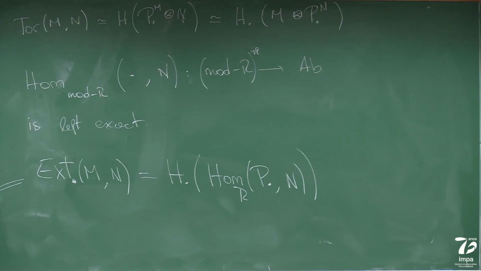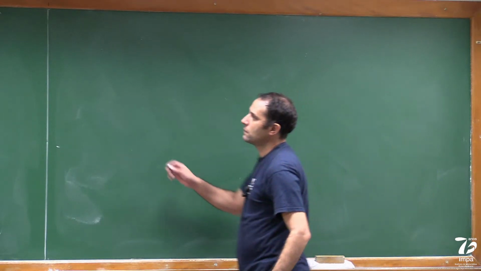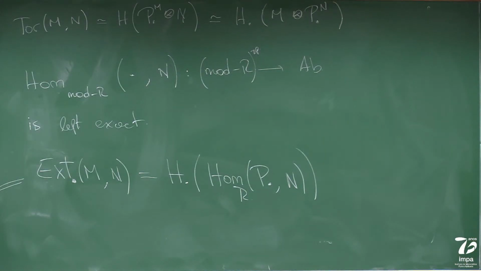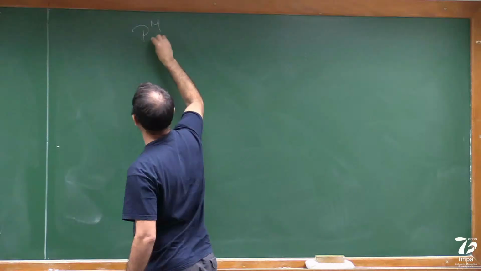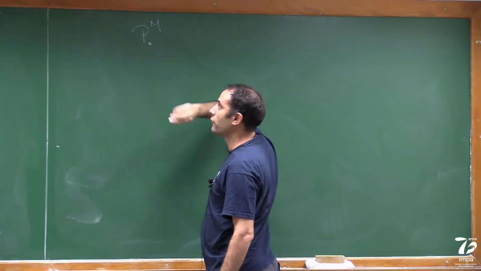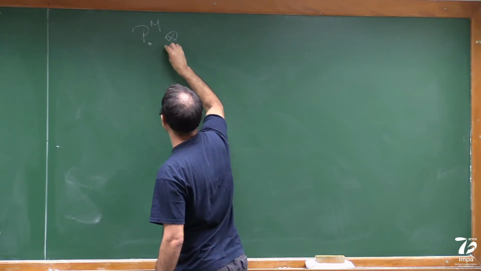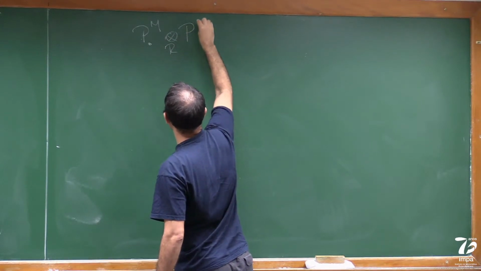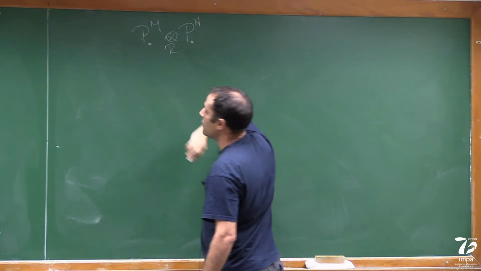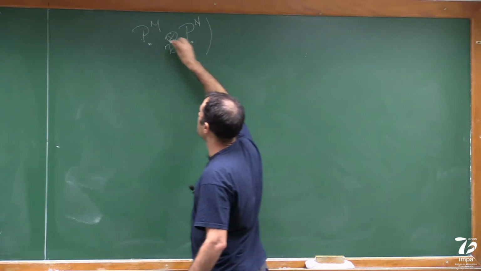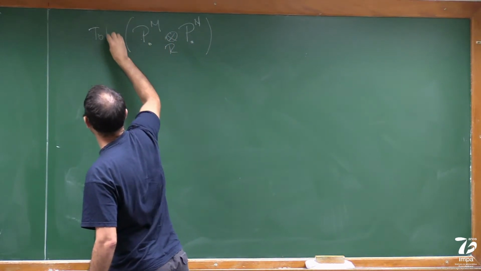What we did for Tor is that we constructed a larger complex that mapped to both complexes computing the derived functors. So what we did for Tor here is that we constructed this huge guy, which was taking the projective resolution for M. We tensored that guy over the ring R with the projective resolution for N. This is a double complex. We took the total complex of this.